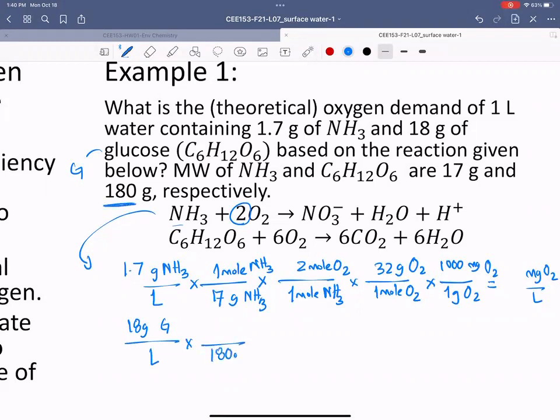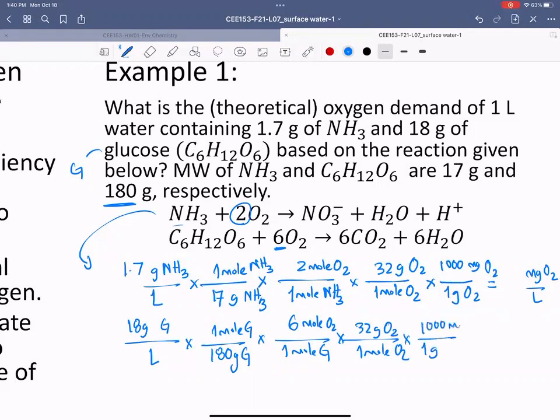So 180 gram of glucose is the same as 1 mole of glucose. How many moles of oxygen are consumed by 1 mole of glucose, based on the reaction over here? 6. Okay, so that equation means 6 moles of oxygen. And then you just do the same thing. 1 mole of oxygen is the same as 32 gram of oxygen. And 1 gram of oxygen is the same as 1000 milligram of oxygen.